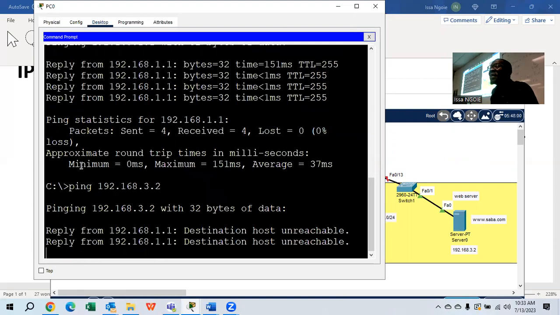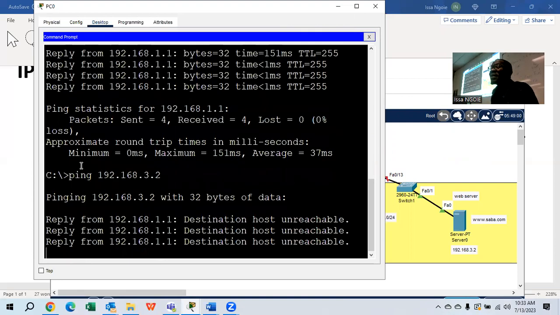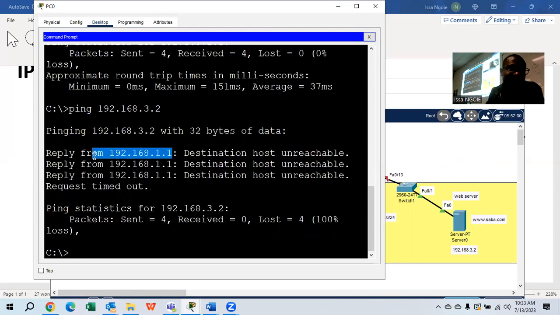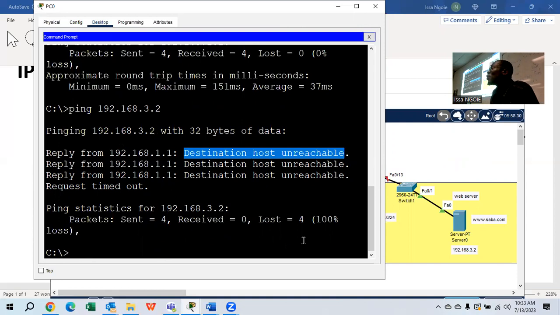Yeah, it's not pinging, but you have to be able to interpret. So who's responding? Which router? Your own router. Your default gateway is responding that it cannot reach the destination, right? Sometimes you cannot even see the physical topology, but this reply is coming from my own router.